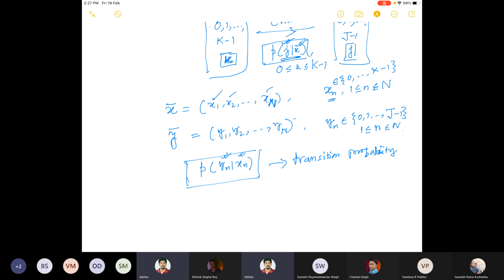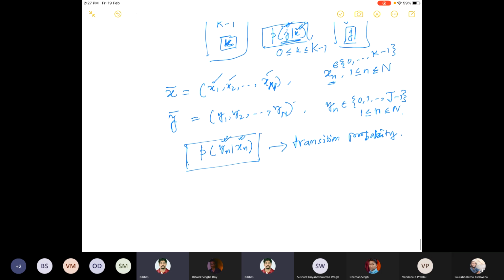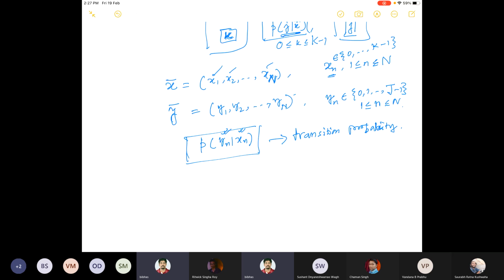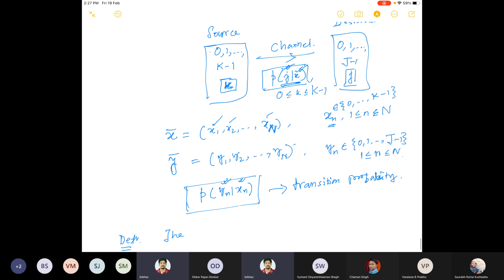Now I'm in a position to define mathematically what is called the memoryless channel. So the definition. With all this setup, whenever I say channel now, this is my setup, all this notation.